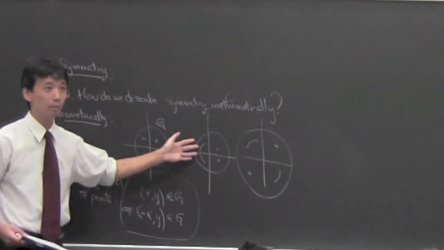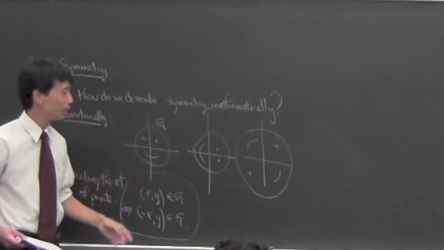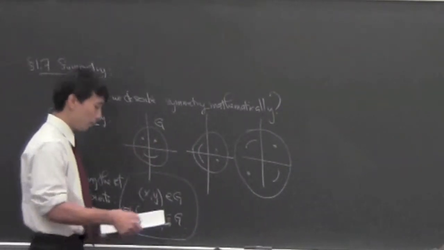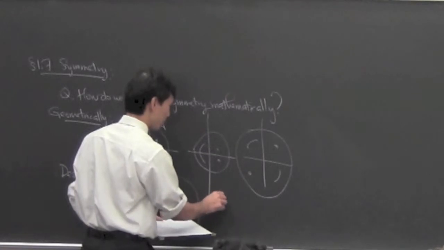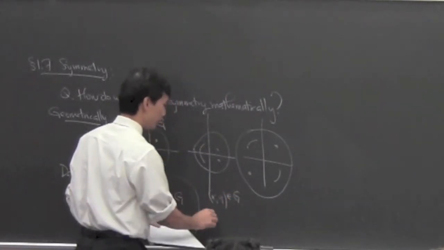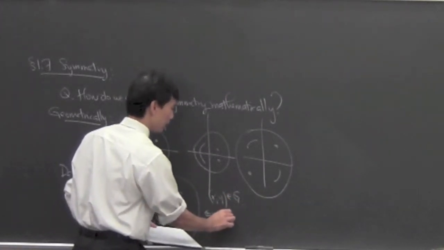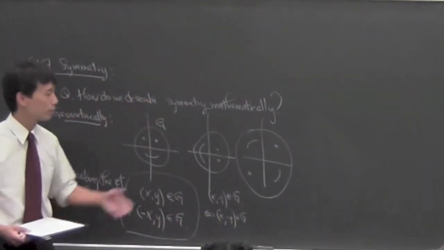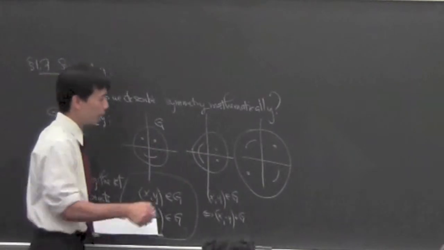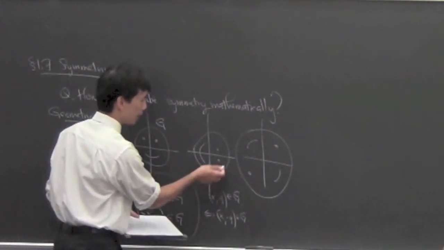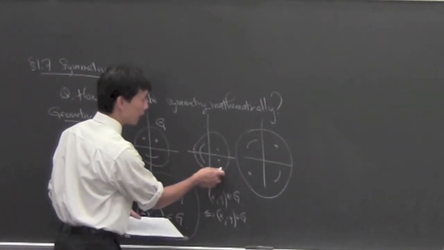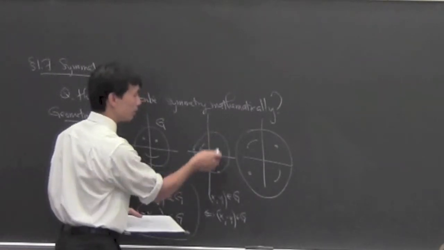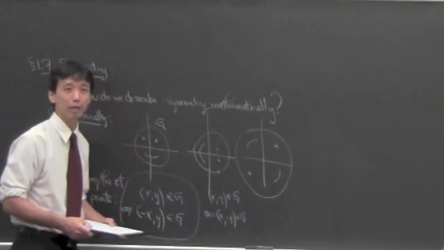And then describing this sort of symmetry, what do you notice? Well, a point (x, y) is in the graph if and only if (x, negative y) is in the graph. Take any point in the graph, and you notice that the point with the same x-coordinate but the negative y-coordinate is in the graph.